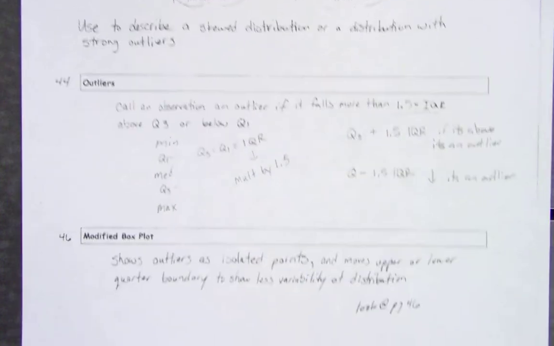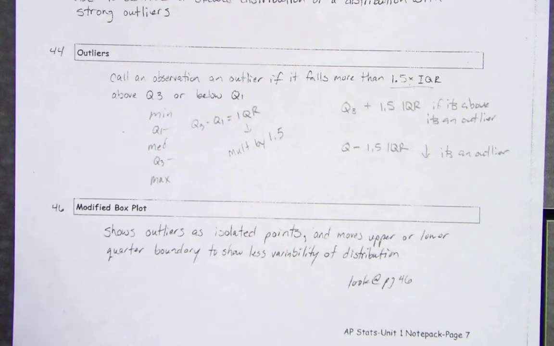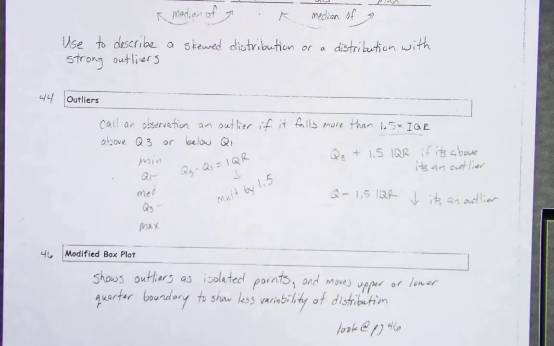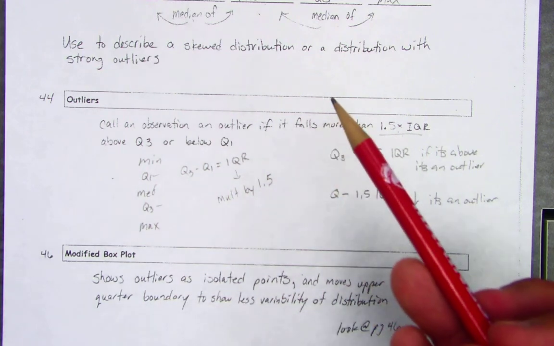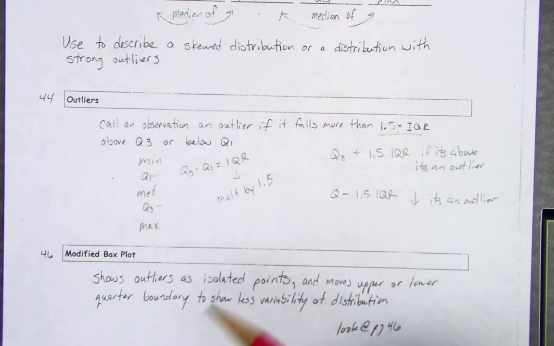And then we have the modified box plot. A modified box plot shows outliers as isolated points and moves the upper or lower quarter boundary to show less variability of the distribution. There's an example on page 46. In the next video, if you click on it, I'm going to show you how to use the calculator to create a box plot, and then how to create a modified box plot by just hitting one more button, and that will show us if there are outliers.